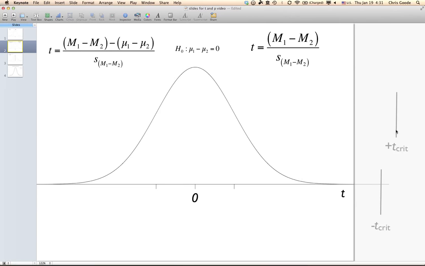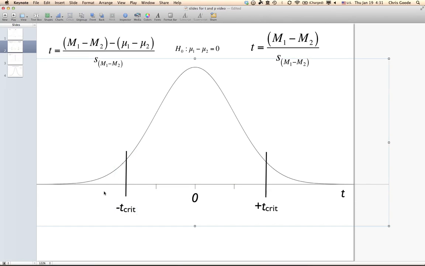When we do look up critical values, we use alpha to say, well, in a two-tailed test, we have some positive value for t and a negative value for t, and when we calculate a value for t that is inside the critical region, that is more negative than the negative critical value for t, or more positive than the positive critical value for t, that's when we reject the null hypothesis.